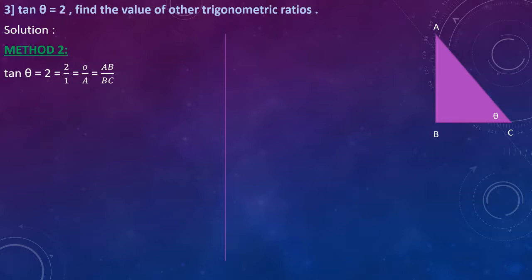But we know that the ratio of tan theta is opposite upon adjacent. So the opposite side of this angle C is AB and adjacent side is BC. So therefore the tan theta ratio is AB upon BC. Now let us consider AB is equal to 2K and BC is equal to 1K.